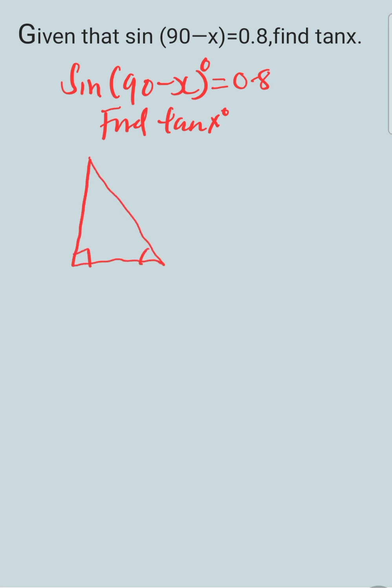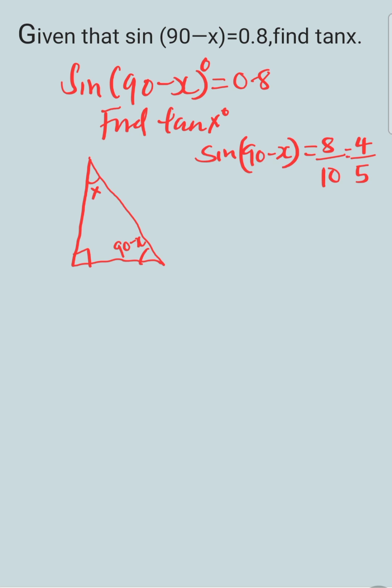This is 90, so we can assume this is x, so this angle will be 90 minus x. We're told that sine (90 minus x) equals 0.8. You can simplify it further as 8/10, or say this is 4/5.